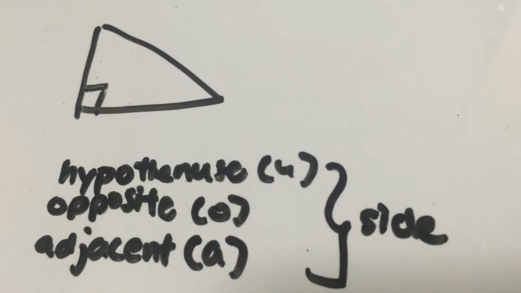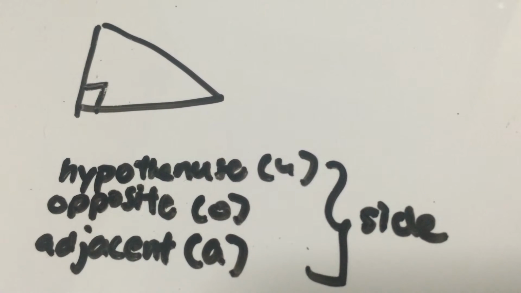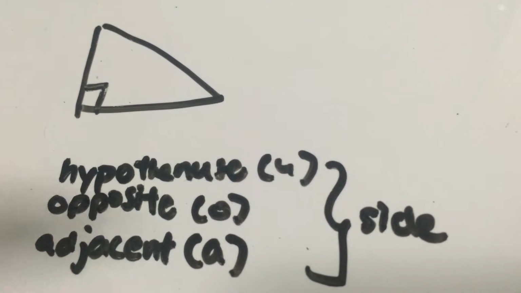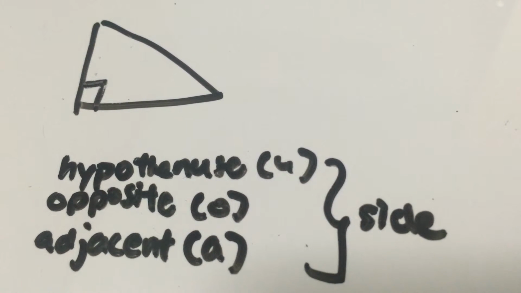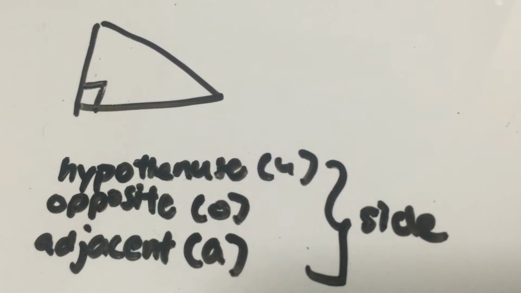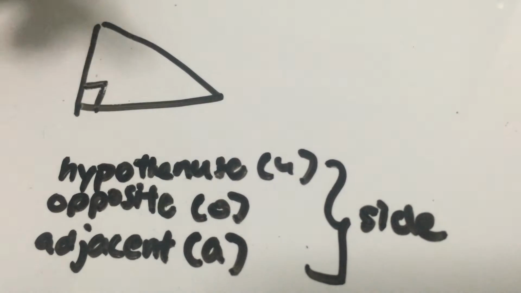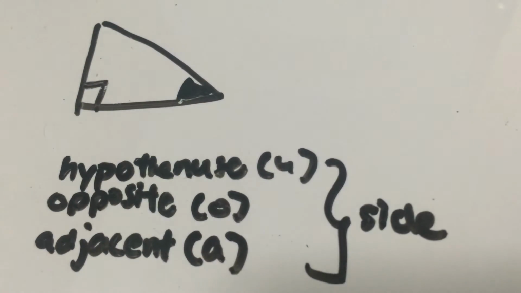And these sides are based on the reference of the angle. So what do I mean by basing on the reference of the angle? Let's say, for example, this is the angle itself.